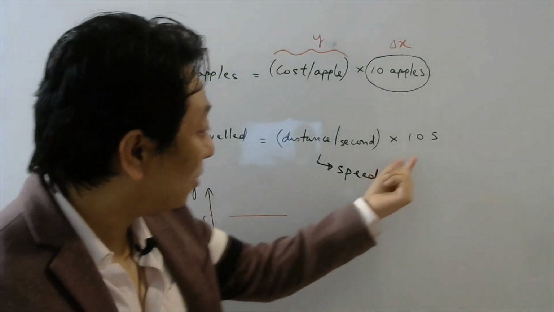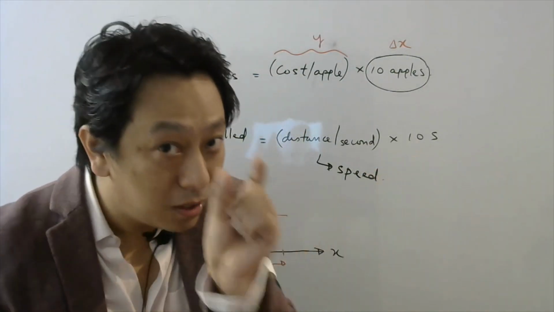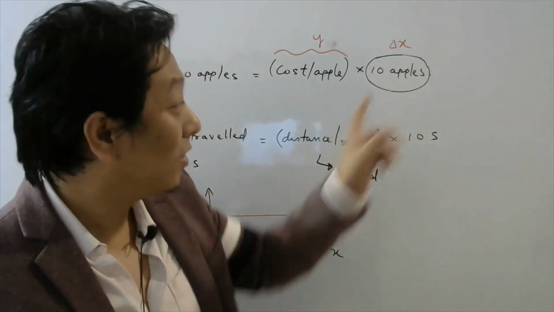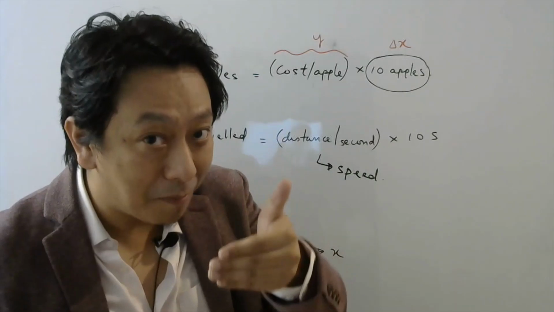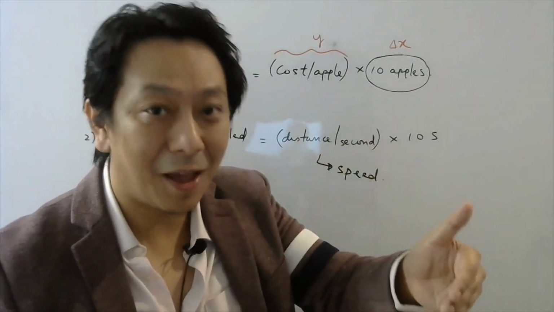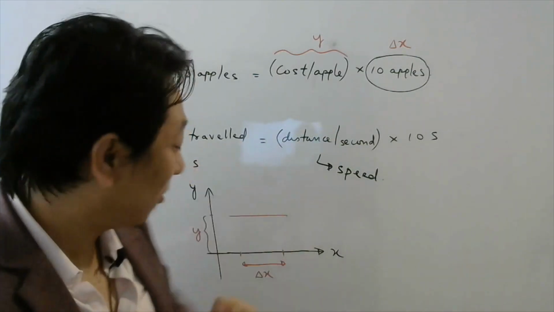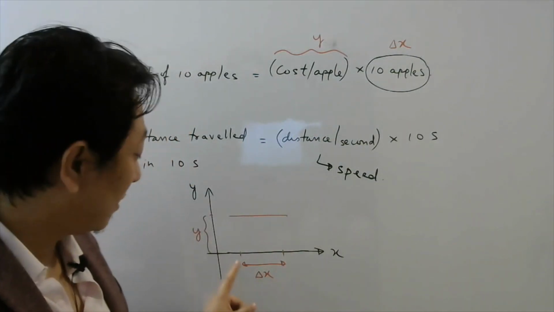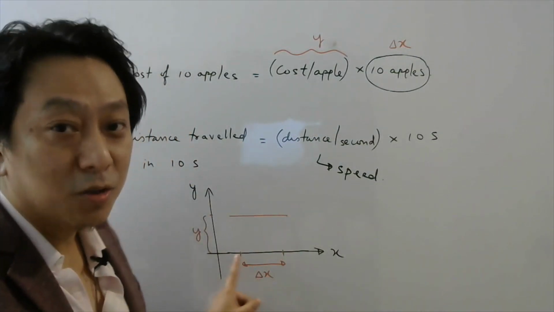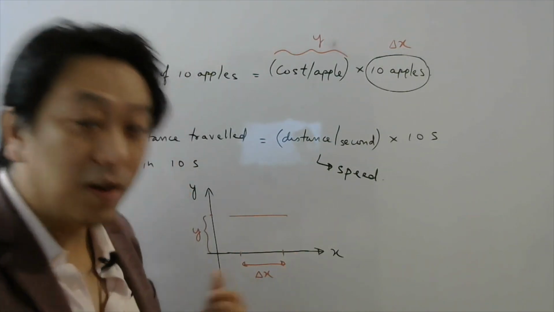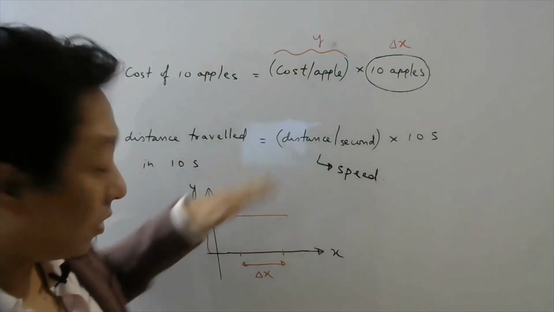Simple: during the interval of 10 seconds, your speed should be constant, or during the variation of the apples from 0 to the 10th apple, the cost per apple should be constant. So let us say this is 2 to 12 seconds. So 2 to 12 seconds would be 10 seconds, right?